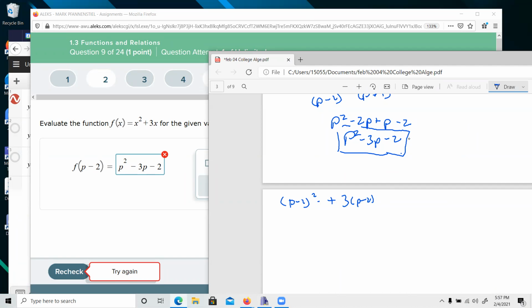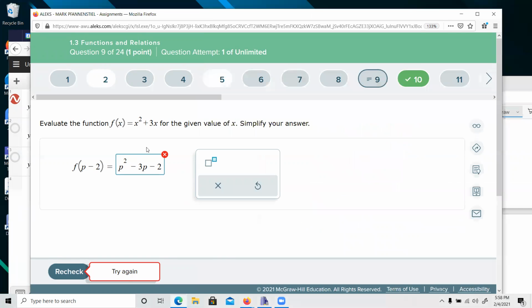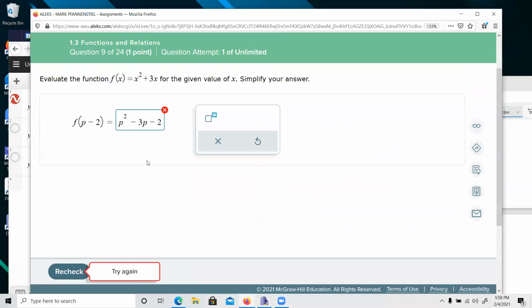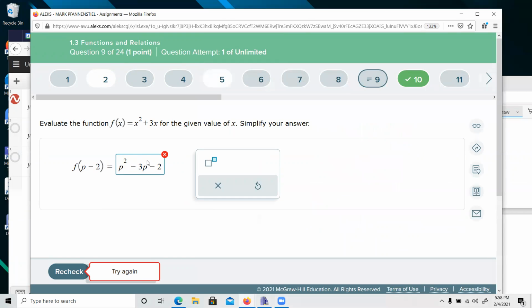So this thing, we're going to multiply this out real fast. So that's P squared minus, right, minus 4P plus 4. That's this thing multiplied out quickly. If the people are trying to do this, it's P minus 4, right? P minus 2.